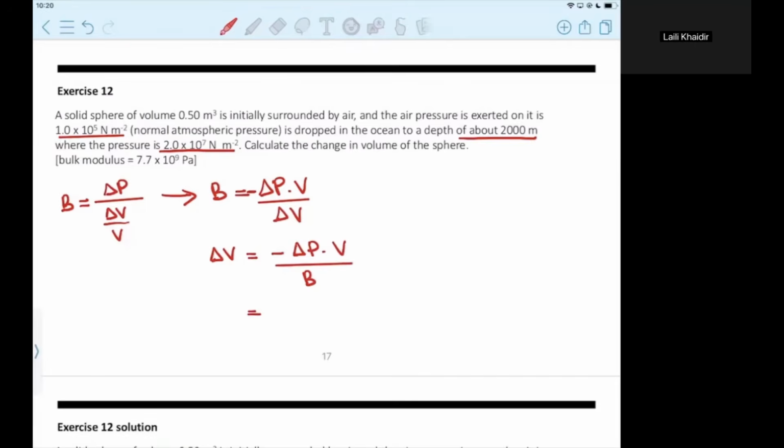Okay, so substitution: the negative change in pressure, final pressure minus initial pressure, would be 2 times 10 to the power of 7 minus the atmospheric pressure 10 to the power of 5 Newton per meter squared, and the initial volume is 0.5, over the bulk modulus, which is 7.7 times 10 to the power of 9 Pascal.